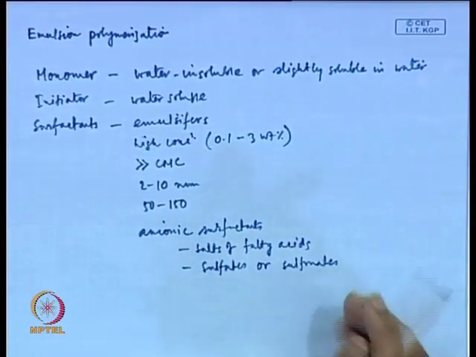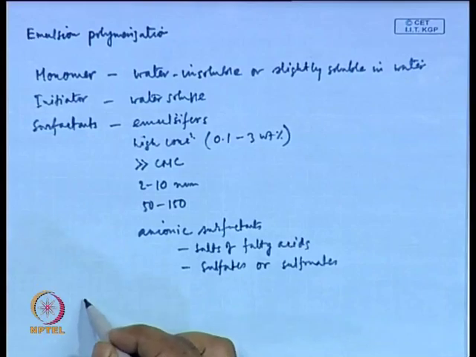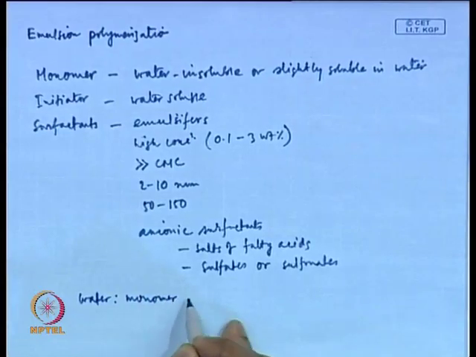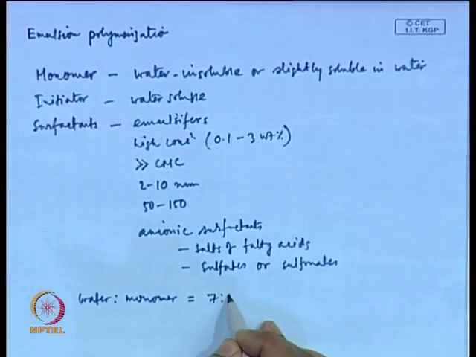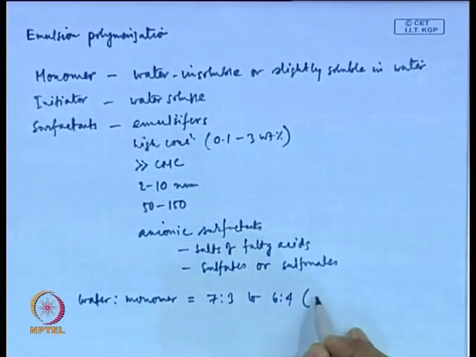So, these are typical anionic surfactants used in the emulsion polymerization process, and the typical ratio of water to monomer is taken as about 70-30 to 60-40 by weight.